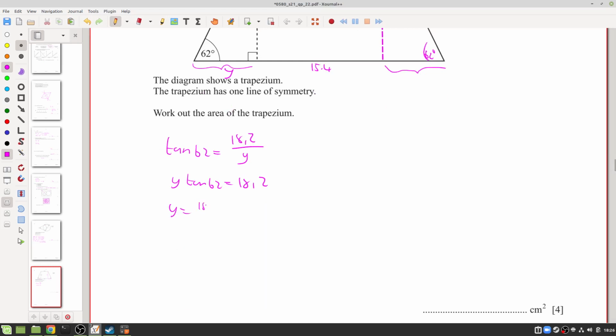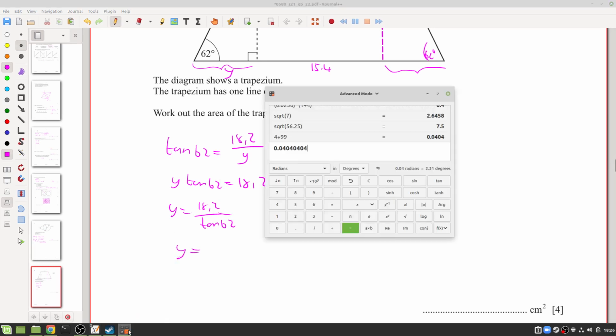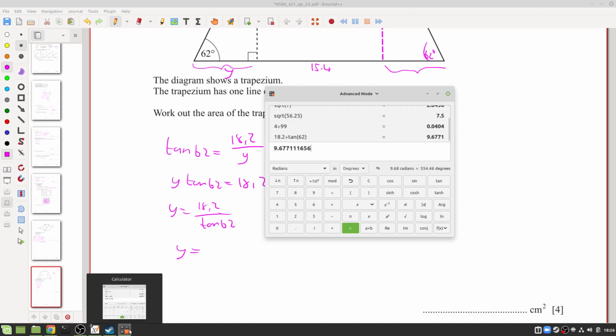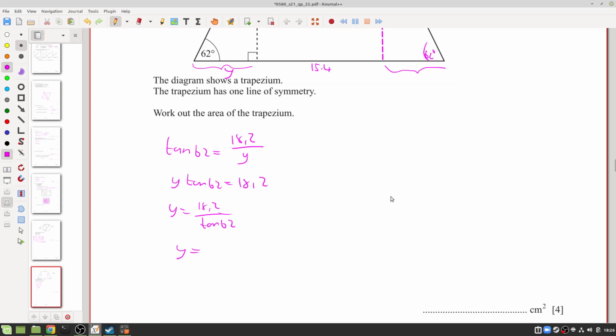So y equals 18.2 divided by tan 62. That's going to give us the answer for y. I'm just going to use all of this. We'll round off in the end. That's going to be the value for y.